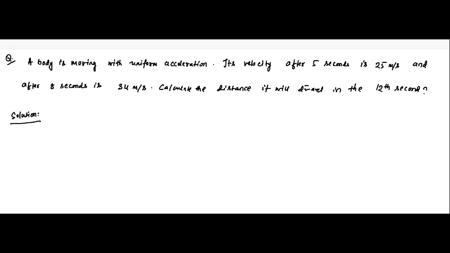So here you have to understand, first, it is given that an object is moving with uniform acceleration, and the velocity after 5 seconds is 25 meters per second, and after 8 seconds it is 34 meters per second.